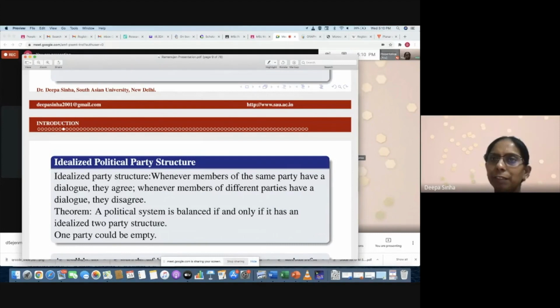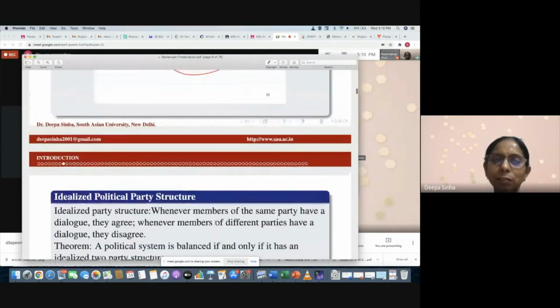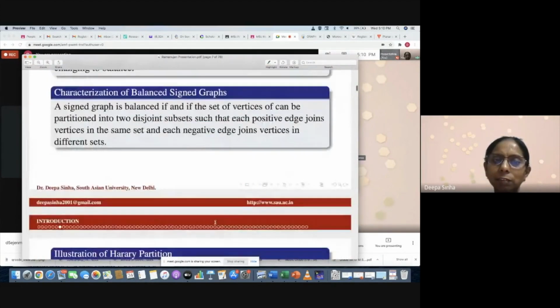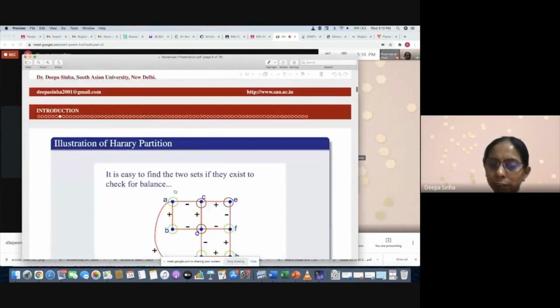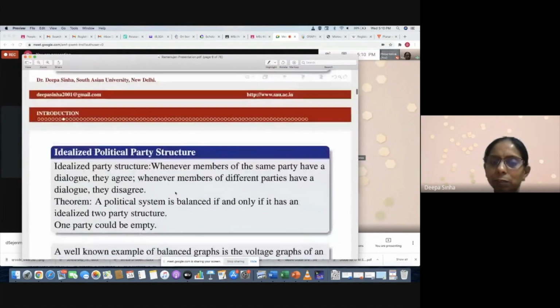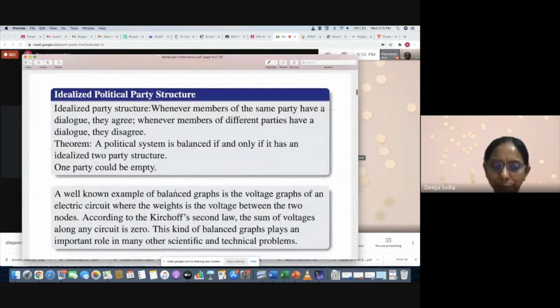Okay, if it has only a two party structure, then what happens? Then one party will be in one set and the other party will be in another set, and all the negative edges will be lying in between, as we go by the characterization of the balanced signed graph by Harary. This is the characterization. So this will be possible when it is a two party system.